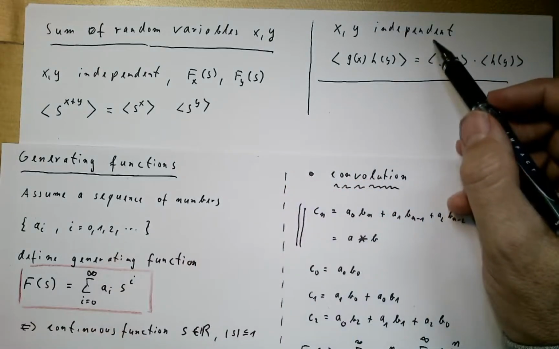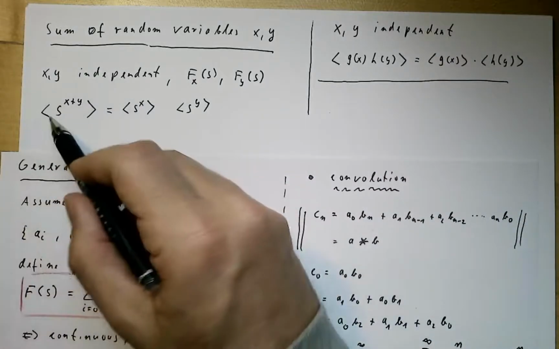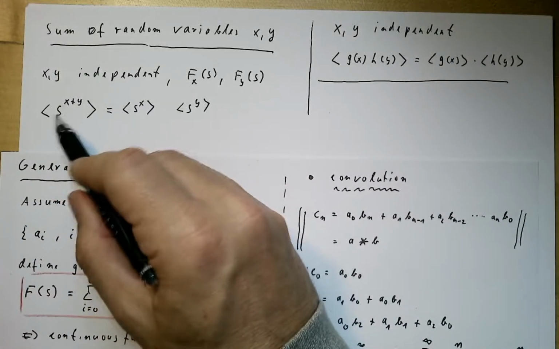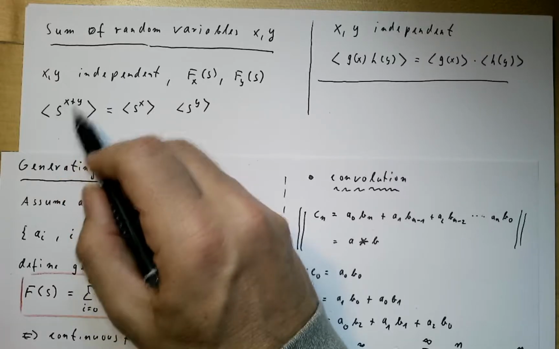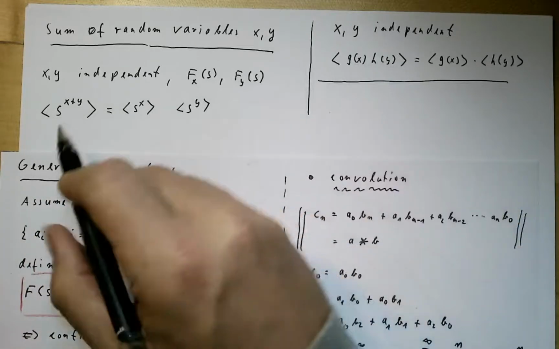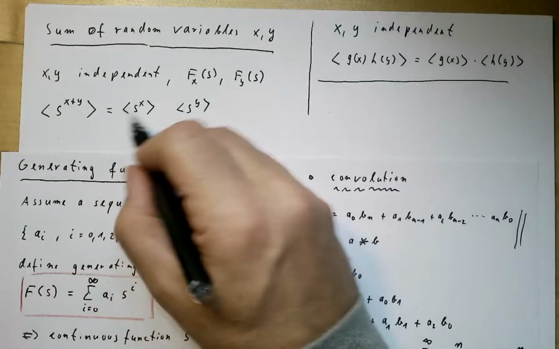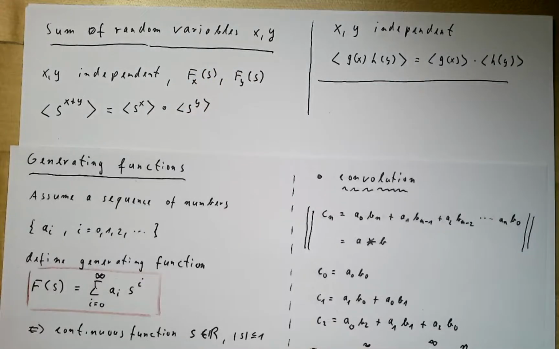But now if we use this here, with independent variables, we have a product: the expectation of s to the X times s to the Y. We can write this as the expectation value of the first times the expectation value of the second.